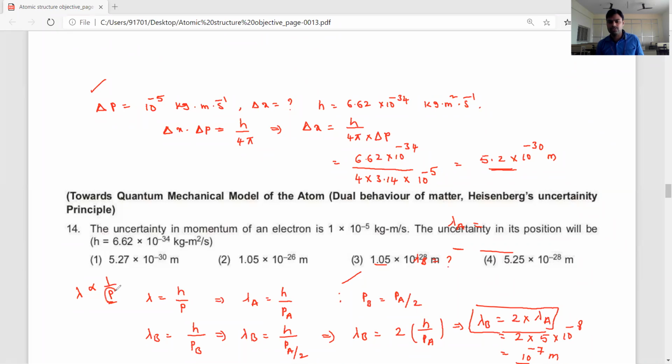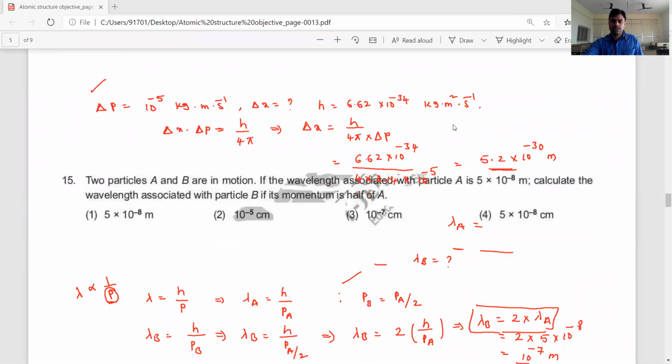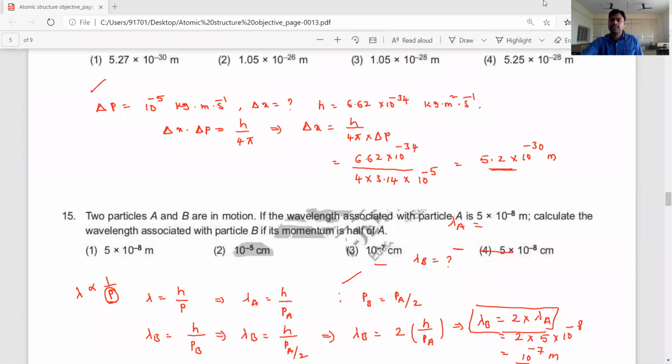So the p value of B is half of that of A, that's why lambda B is equal to 2 times lambda A. The answer is 10 to the power of minus 7. Third option is correct. Okay, students, let's see next.